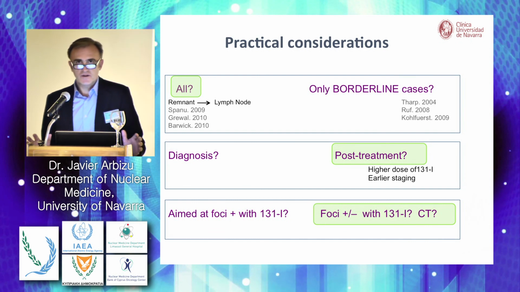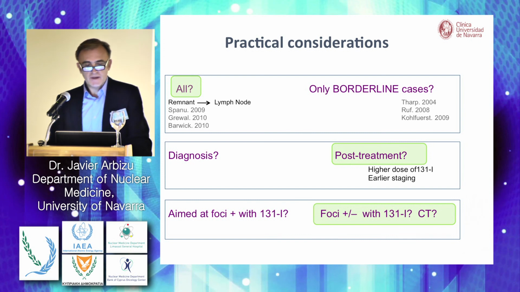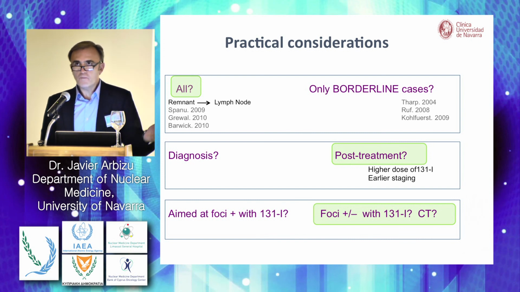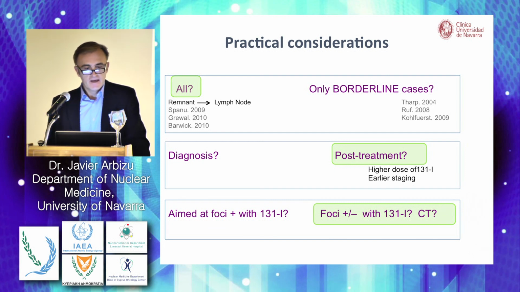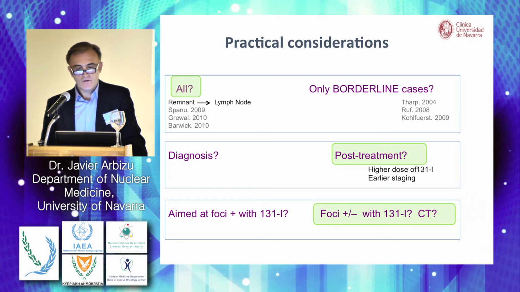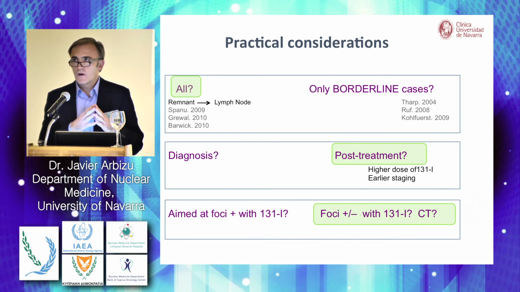So, practical consideration: should SPECT be used in all patients or just in borderline cases? There are papers for the two possibilities, but in my case, my suggestion would be all, but only in those patients who have positive findings.